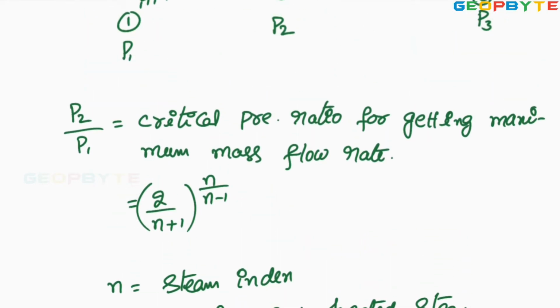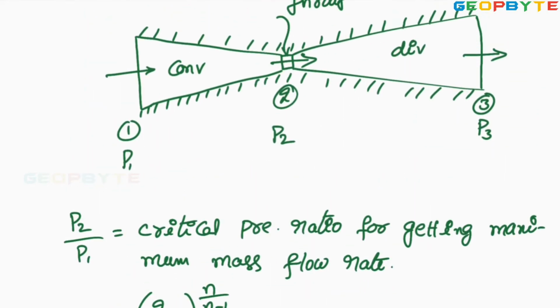Anyhow, the ratio between the pressures at the throat and inlet for getting the maximum discharge or maximum mass flow rate is called the critical pressure ratio. Remember, by the time the pressure of the steam drops from P1 to critical pressure, the flow velocity at the throat may be V2 equal to sound velocity.